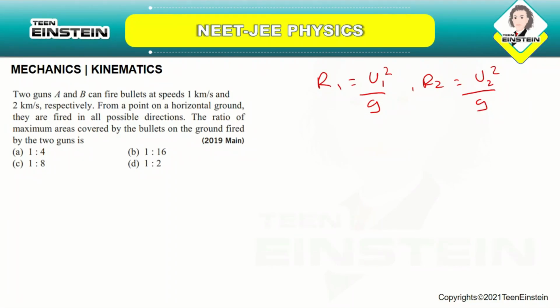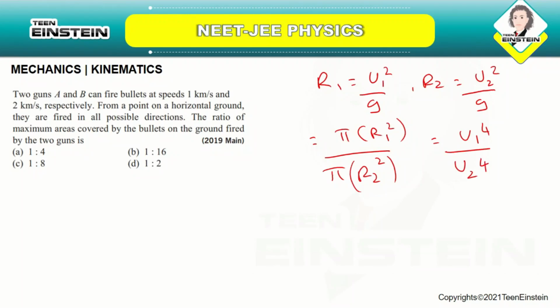So, the ratio of the areas will be pi R1 square by pi R2 square, which is equal to U1 power 4 by U2 power 4, because G and G will get cancelled. Here they have given you the U1 value as 1 kilometer per second and U2 as 2 kilometer per second.